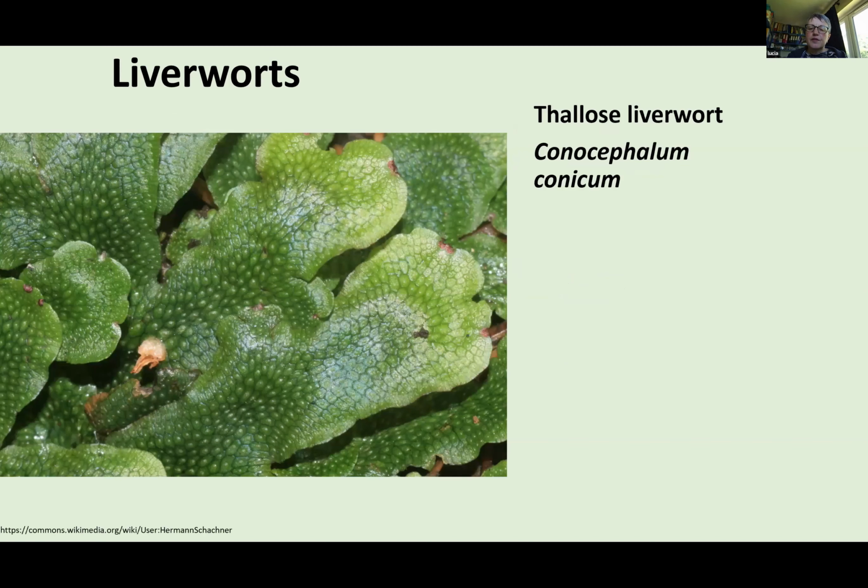Now, not all thallus liverworts look the same, and there are important features that you can look at. The interesting things about the way a thallus liverwort can look are normally in the thallus itself. This particular one is Conocephalum conicum. It has a very thick thallus with odd markings on it.